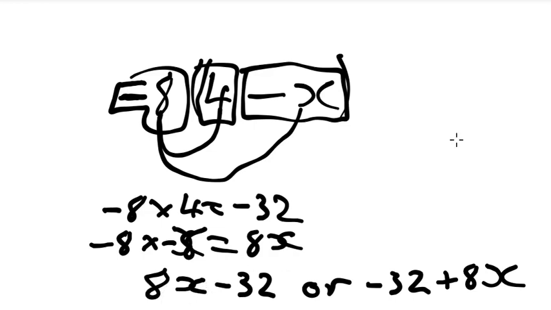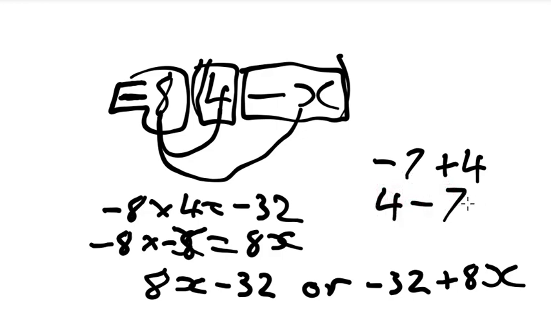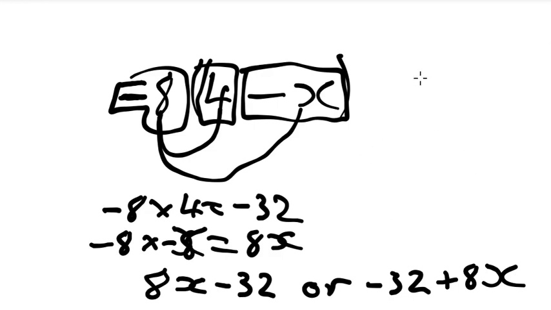Say if it was just numbers, if you have minus 7 plus 4, you have to think for a moment to realise that that's minus 3. But if we said 4 take away 7, that is a bit more obvious, with this being a smaller number, that that's going to be a negative. Especially if it's a normal positive, like let's say minus 3 plus 10.